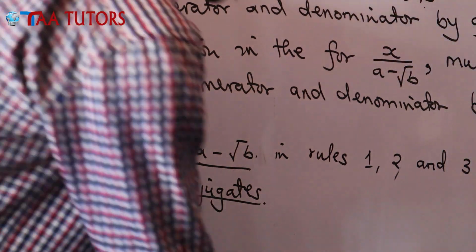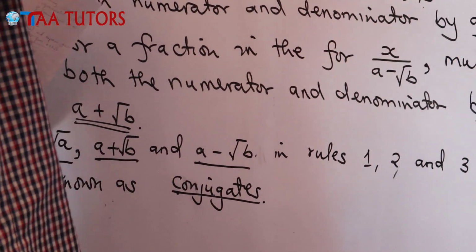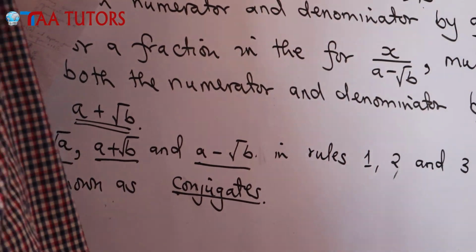So let us see some examples where we ask you to identify the conjugate of a surd. I'll just give 3 examples.